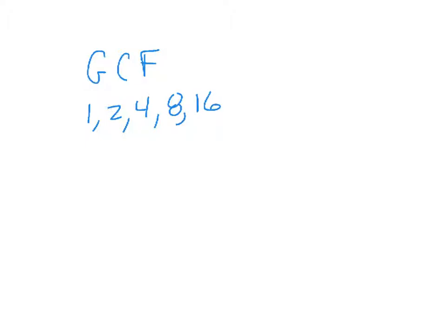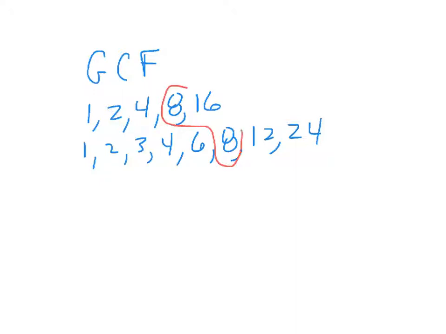We had said that the factors of 24 were 1, 2, 3, 4, 6, 8, 12, and 24. When we talk about the greatest common factor, we are talking about what factor is in both lists and is the greatest number, and that would be 8. So the greatest common factor of 16 and 24 is equal to 8.